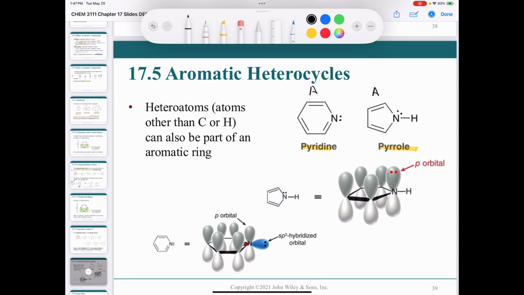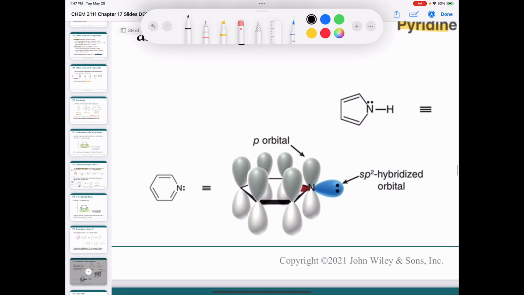If we take a look at pyridine, which is shown down here, pyridine exhibits a continuous system of overlapping p orbitals, and therefore you can see with this overlapping system of p orbitals down here and down here, it satisfies the first criteria for aromaticity. Now, the nitrogen on our pyridine is sp2 hybridized, and the lone pair on the nitrogen occupies an sp2 hybridized orbital, which is pointing away from the ring.